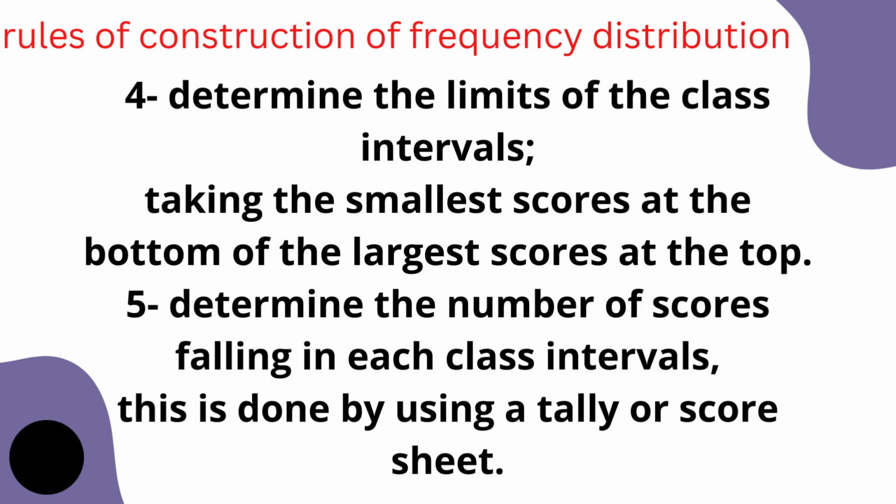Determine the limits of the class intervals, taking the smallest scores at the bottom and the largest scores at the top. As we already saw with ranking, in nominal and ordinal data scales, we come to know they are talking about order. Then comes the determination of the number of scores falling in each class interval.